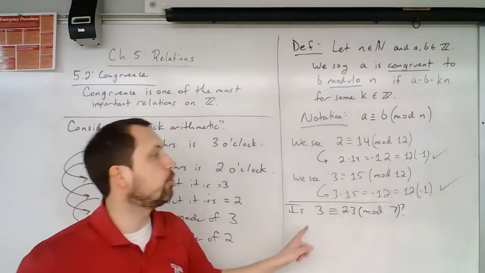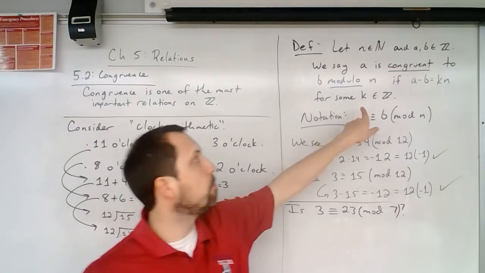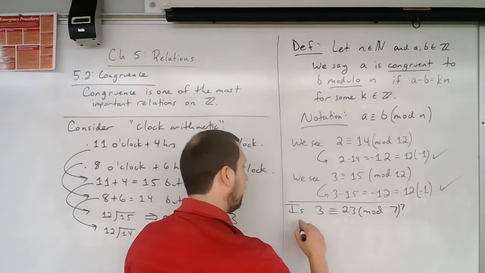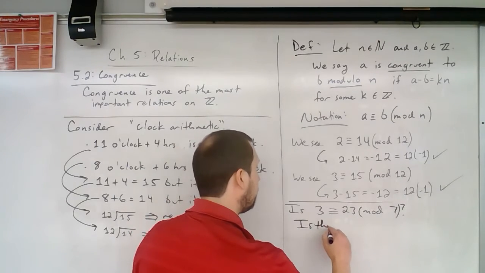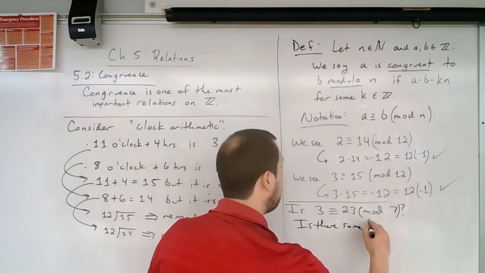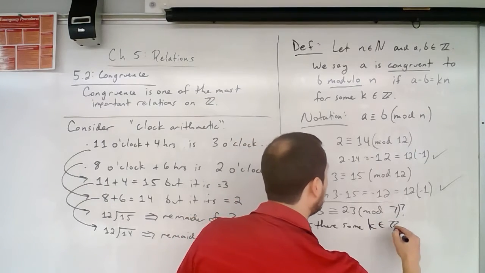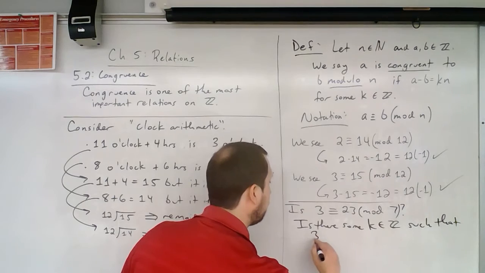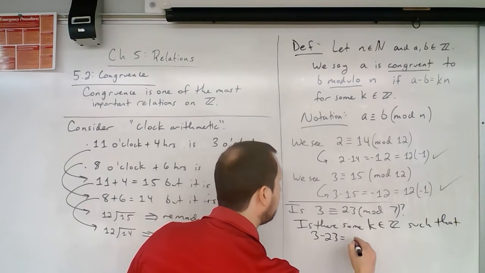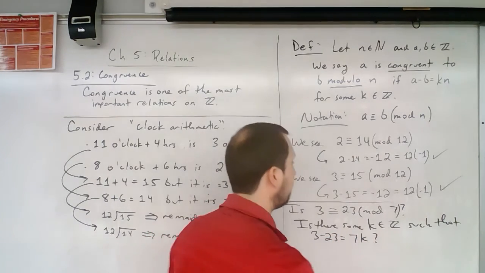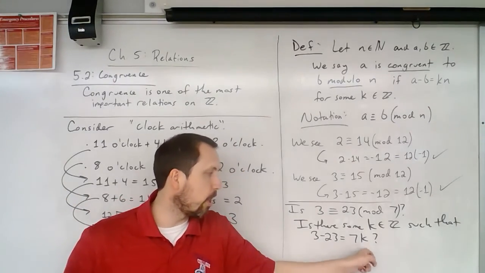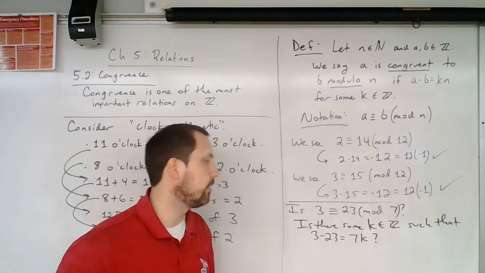Well, if this is true, what this means is that there must exist an integer that makes this true. So we're asking, is there some k in the integers such that I take 3 minus 23 is equal to 7k? So this is the statement I'm asking. Is there some integer k that makes this true?